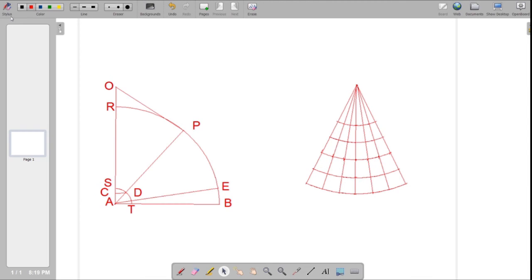Then we will write the values of longitude and latitude.